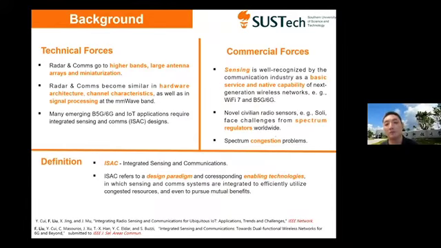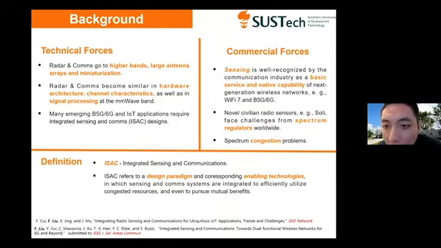And there are also commercial forces in this aspect. Sensing is well recognized by the communication industry as a basic service and even a native capability for the next generation wireless networks, such as Wi-Fi 7 and B5G and 6G. I will detail on this later on. And there are some novel civilian radio sensors like the Soli sensors developed by Google.